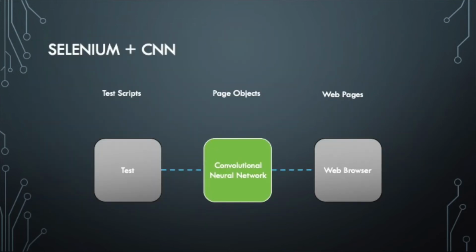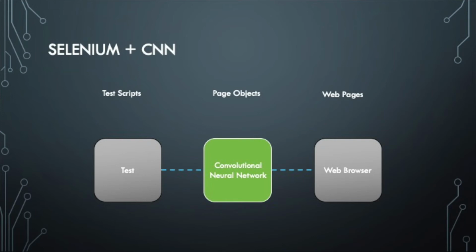Now let's review our Selenium plus convolutional neural network architecture. So the first layer, we still have our test scripts, where we still write our test steps and call the page object class. However, this time, in layer 2, we now have a convolutional neural network within our page objects.